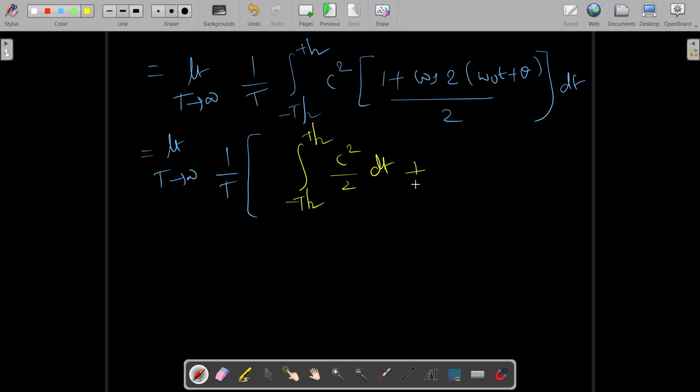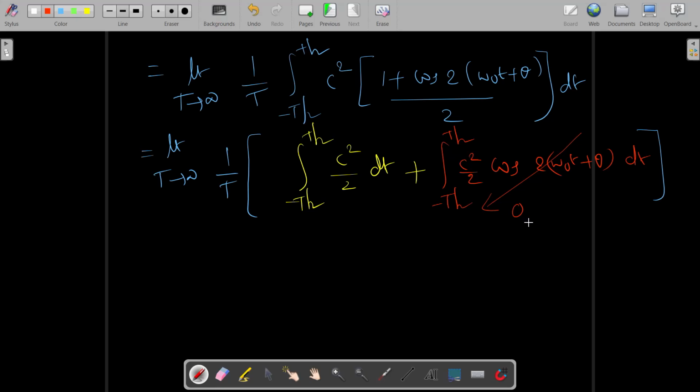The second integral is from minus t by 2 to plus t by 2 of c square by 2 cos(2 omega naught t plus 2 theta) into dt, correct? So these are the two integrals. Now by inspection one can say this second term is going to be 0, because the area of a sinusoidal signal over one time period is 0.